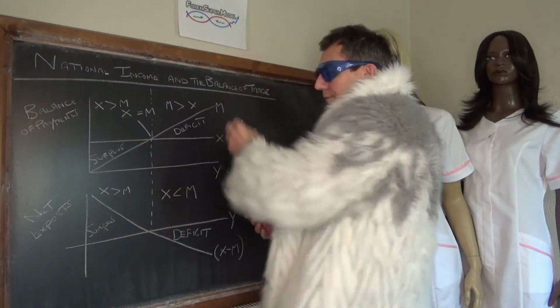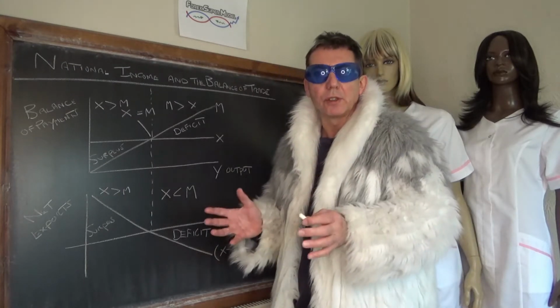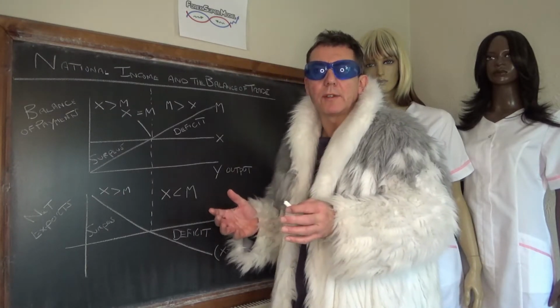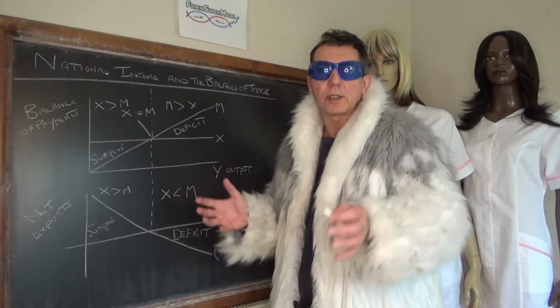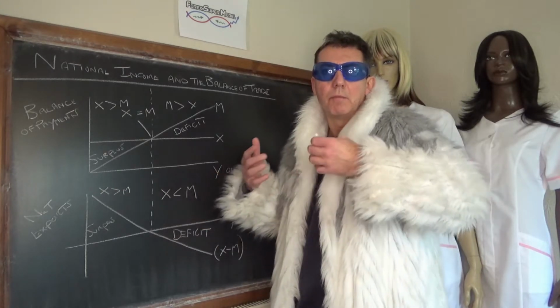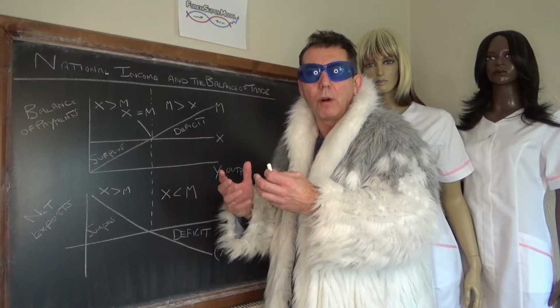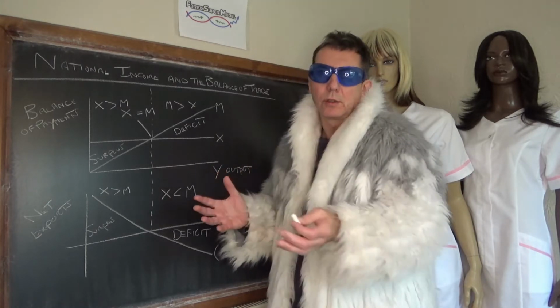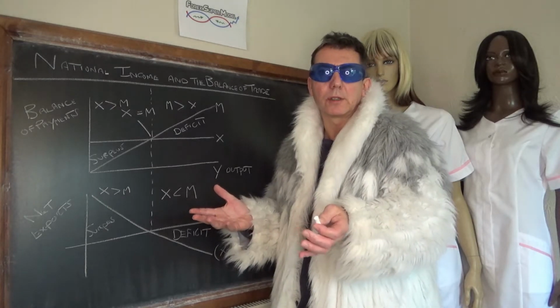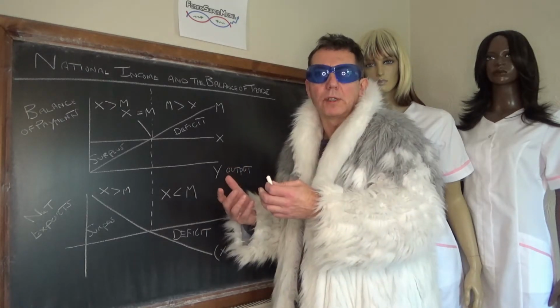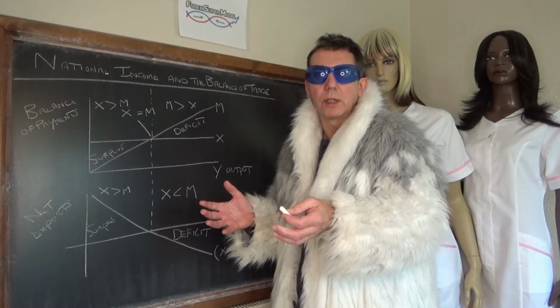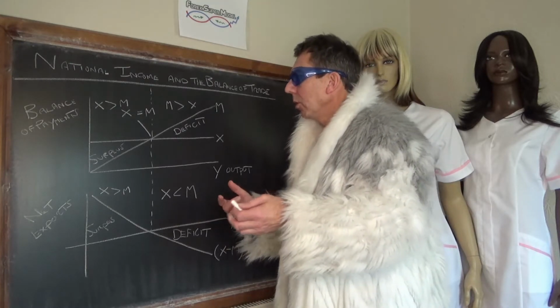Whereas imports are believed to be a function of income, so as national income rises, people suck in more foreign imports. Good examples are things like German cars. Here in the UK, we seem to like to buy a lot of German cars.